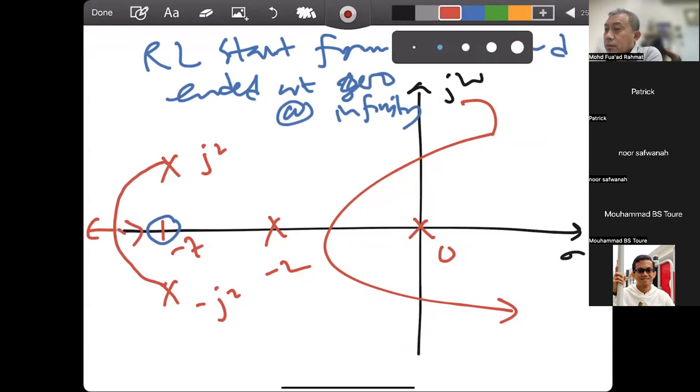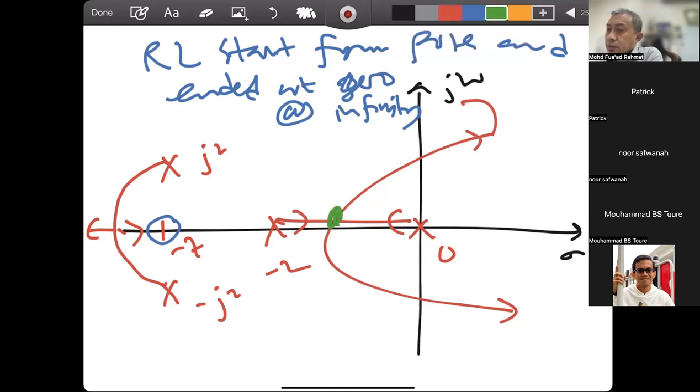So this one, Liana, Camelia? After we add the zero, so this point, what do we call it?